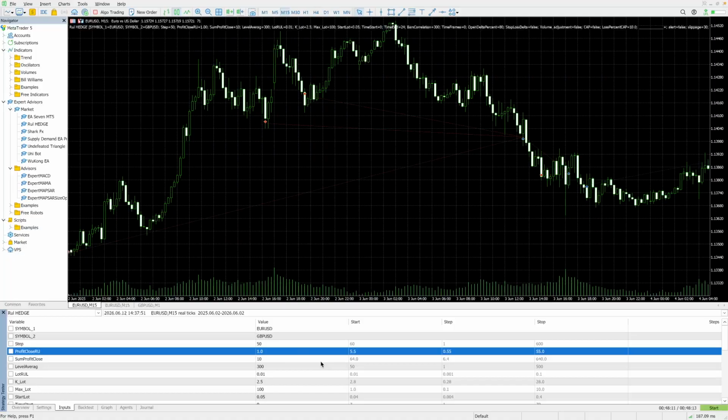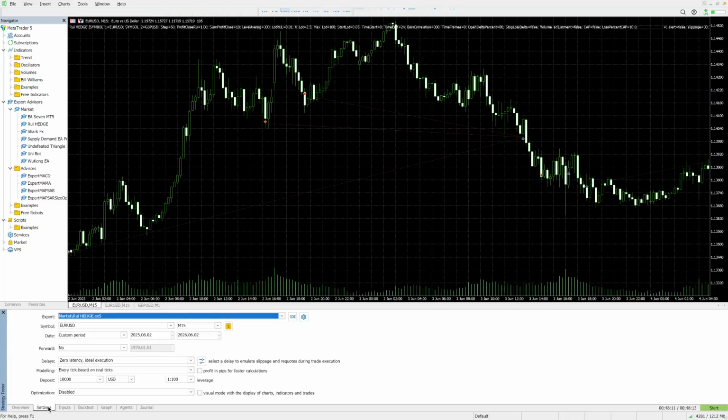It usually comes with its own details and parameters, but following what the developer stated on the MT5 page, I had to use those exact parameters here to get the best results for our backtest, and I ran the backtest on EURUSD slash GBPUSD on the 15-minute time frame with $10,000 deposit from June 2025 to June 2026.